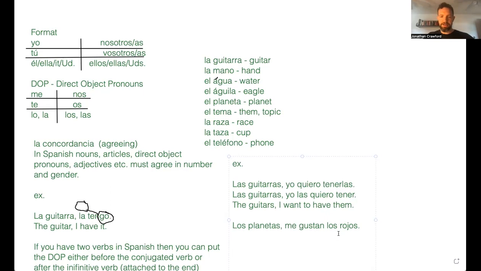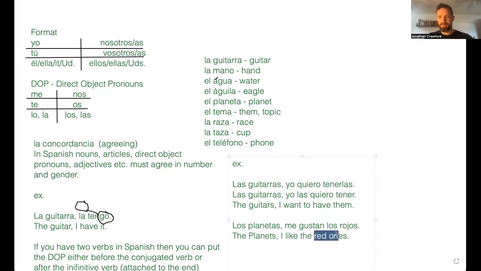What does that mean in English? The planets. I like the red ones. Notice how the red ones, los, would be like "them." I like them, or I like the red ones.